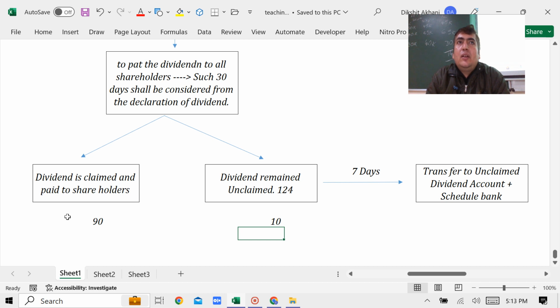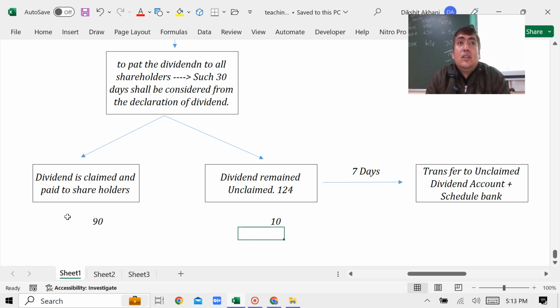So one of the directors suggested, why are you going to the bank unnecessarily, paying interest charges? Better, this 10 crore which is left, unclaimed by the shareholders, utilize this, and whenever a shareholder demands, we will give it back. So the first question that comes in your exam is, can the company utilize this unclaimed dividend portion of 10 crores? What should you answer? The answer to this question is no, not at all.